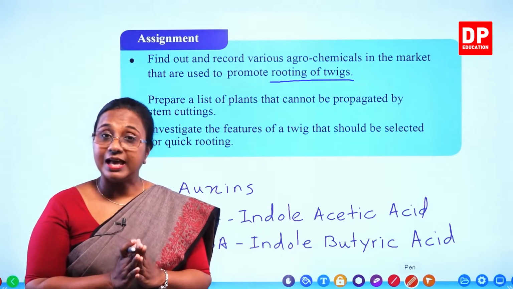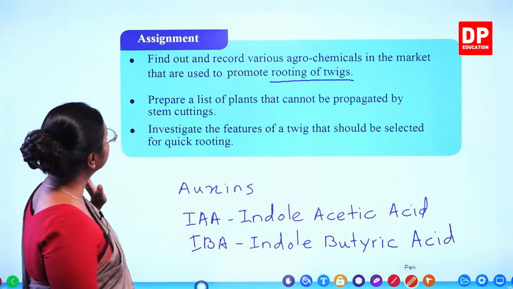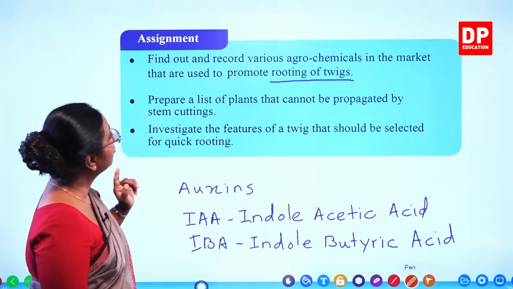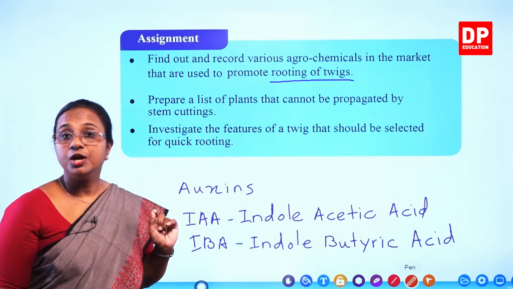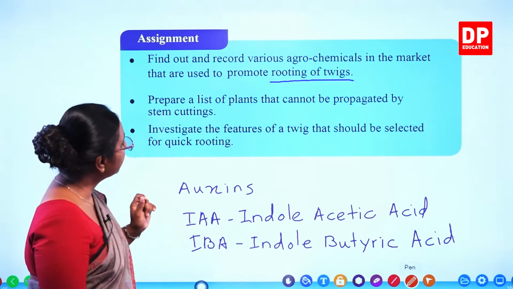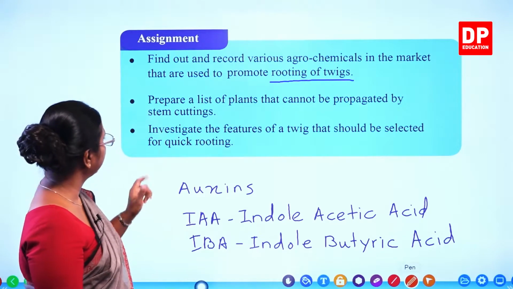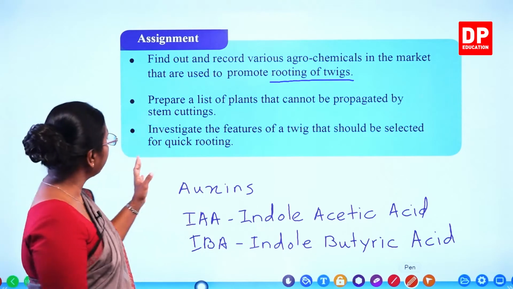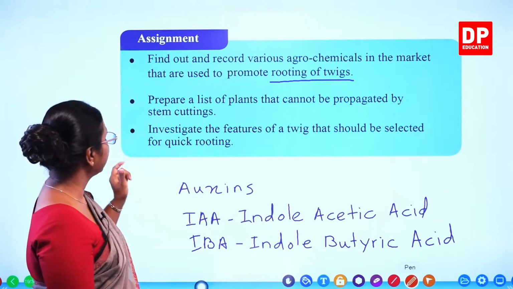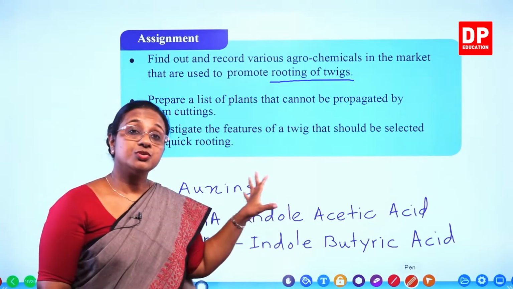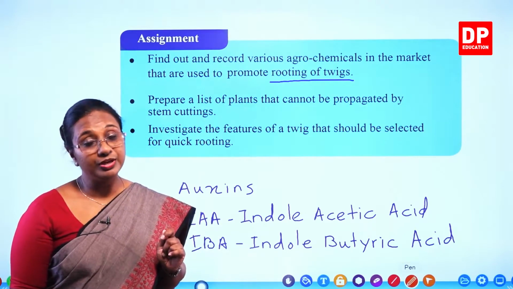I am sure you all can do that. So you can carry out this assignment, find out and record various agrochemicals in the market that are used to promote rooting of twigs. Prepare a list of plants that cannot be propagated by stem cuttings, and also investigate the features of a twig that should be selected for quick rooting. So that is what you need to do here.